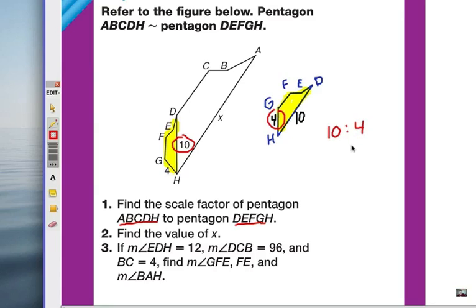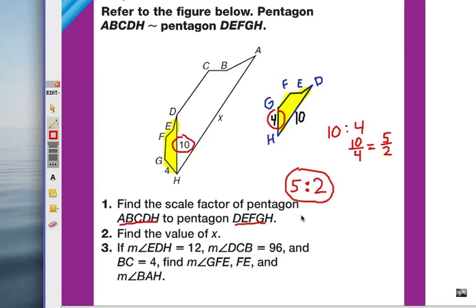Now when we reduce this, or at least think of it as a ratio, 10 over 4, I can divide each number by 2, that would be 5 to 2. Now let's look at the answers as given. There it is. It's a 5 to 2 scale factor ratio.